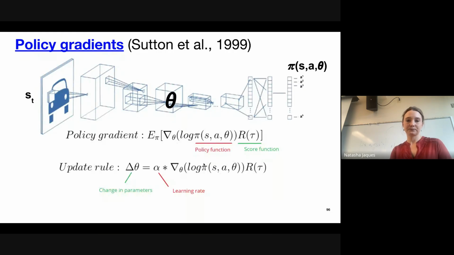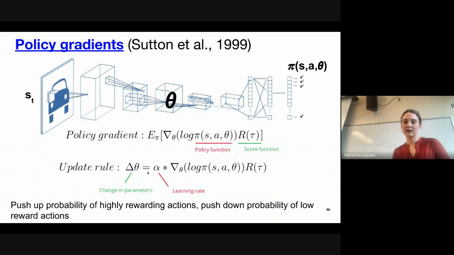So this is your gradient, and this is your learning rate. You just apply a learning rate on this gradient. It pushes up the probability of highly rewarding actions and pushes down the probability of low-reward actions. This is the reason it's called on-policy or online: if you look into the theory behind this, it's only guaranteed to work if the experience you're generating, the SA tuples that you're training on, were generated by your own policy.